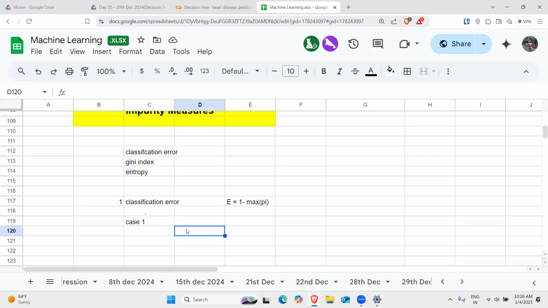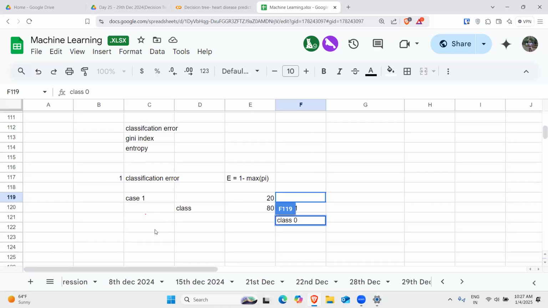Suppose there is one splitting as 0.2 and 0.8. So the splitting is like this, 80-20 splitting, right? Class 0 is 20, class 1 is 80.